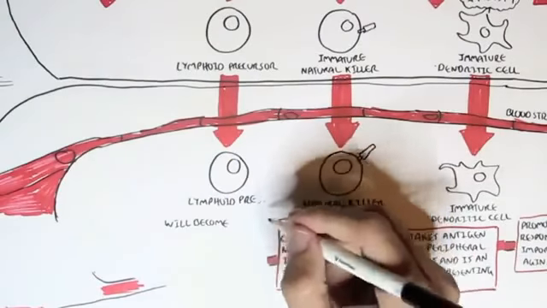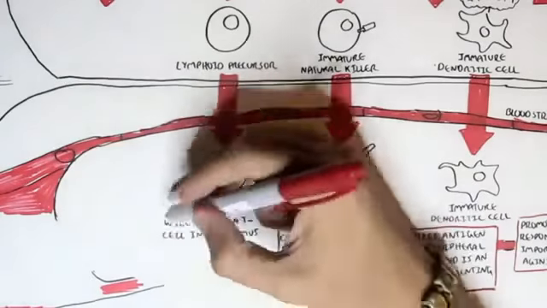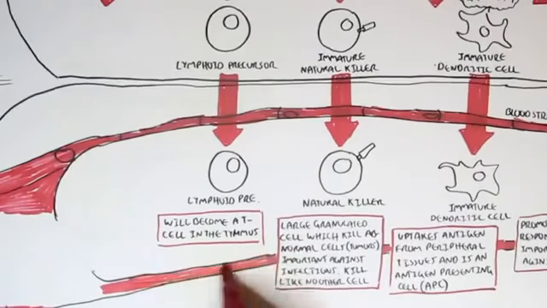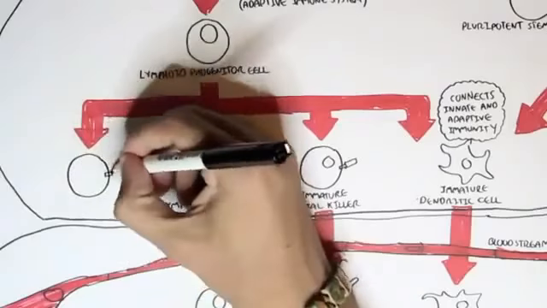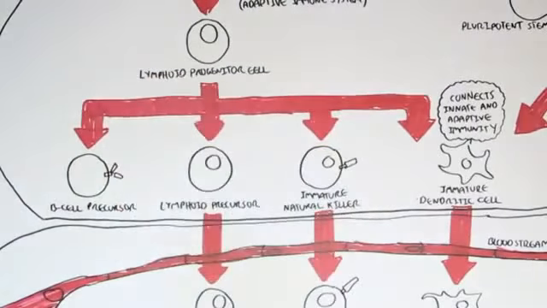Okay, why isn't this cell just called the T cell precursor or the immature T cell? Well, this is because the lymphoid precursor can actually also give rise to other types of cells in the thymus, but it will mainly give rise to T cells because we need T cells in our body. Okay, I hope you understood that.